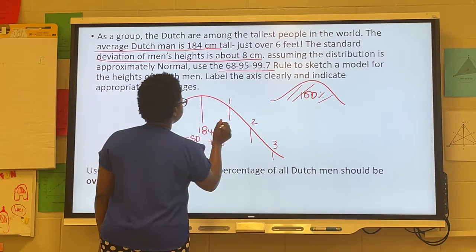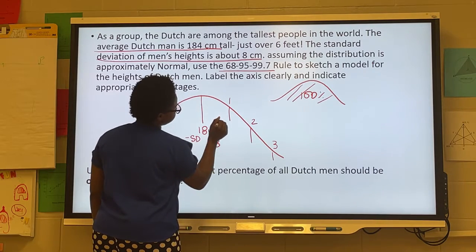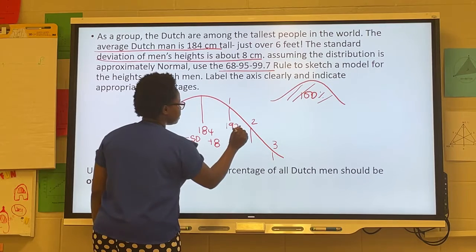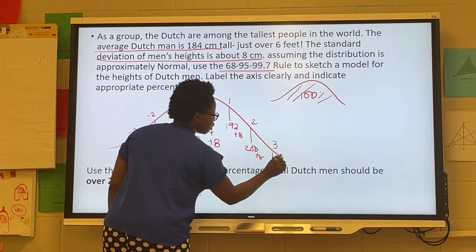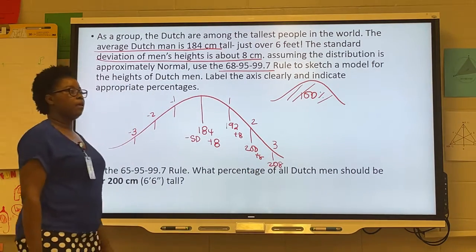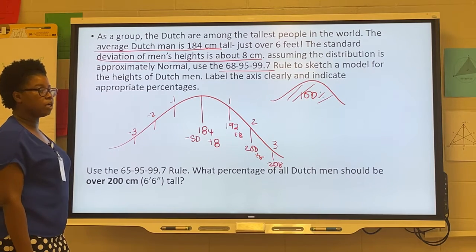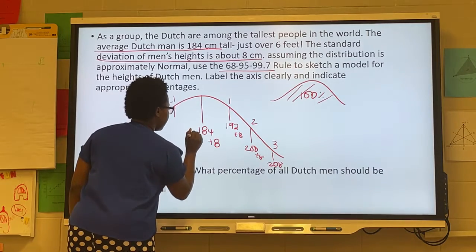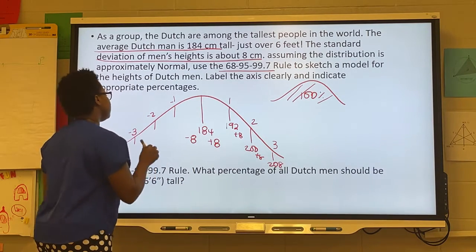So this is 184. So we're going to plus 8 to give us 192. 192, we're going to plus 8 to give us 200. We're going to plus 8 to give us 208. If you're moving to your left, you subtract your standard deviation. So it's going to be 184 minus 8 to give us 176.